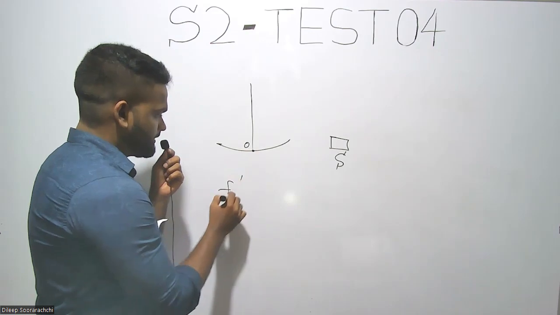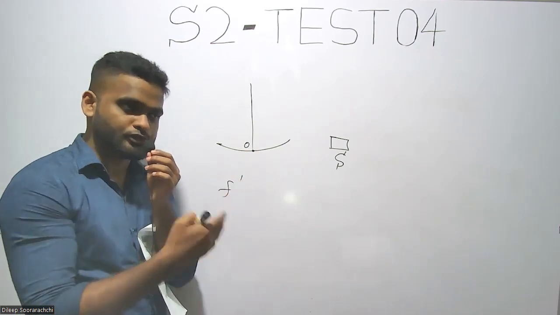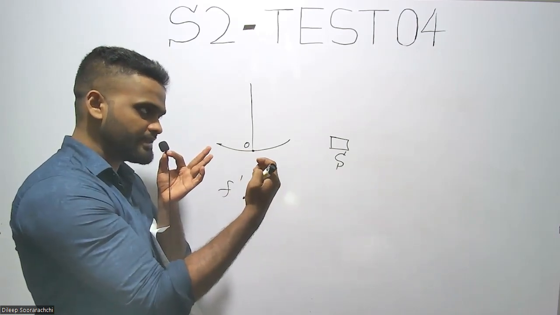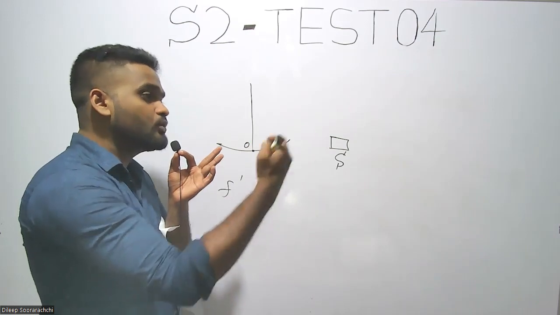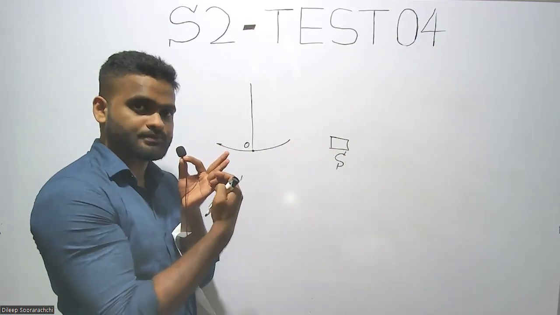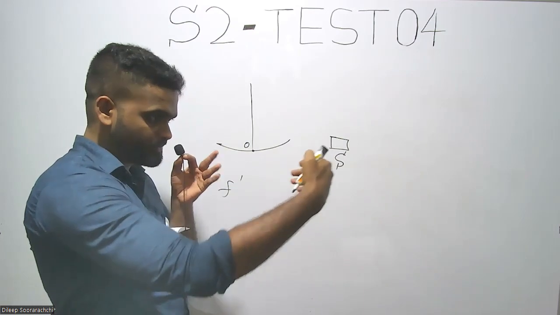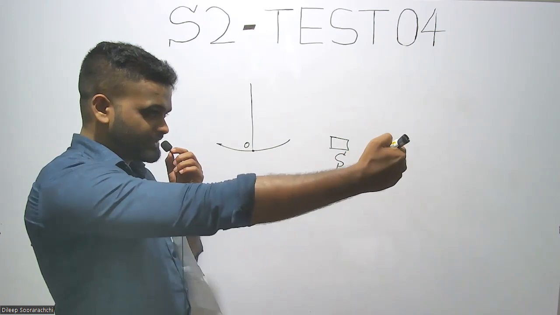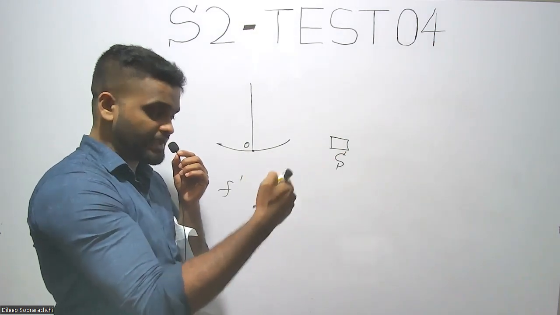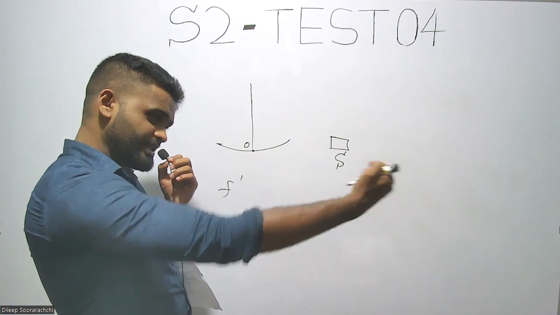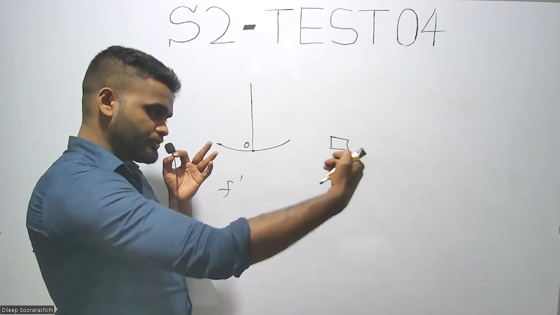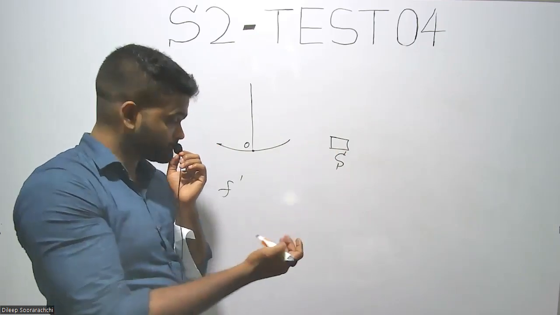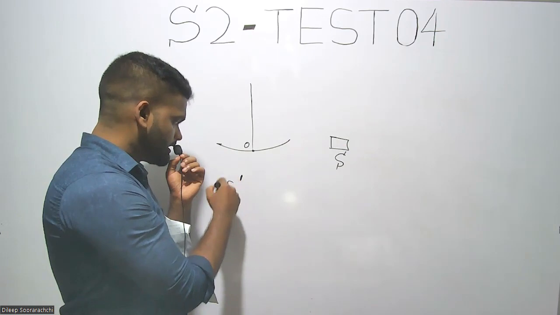So this f dash, without using the equation, you should know the apparent frequency is highest when there is the highest relative velocity between the observer and source, like when they are moving in opposite directions. Opposite means like this. When the relative velocity is highest and they are reaching each other, in that case we will have the highest frequency.